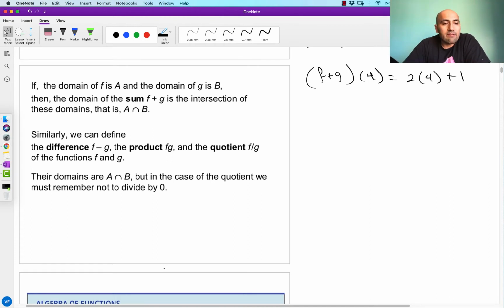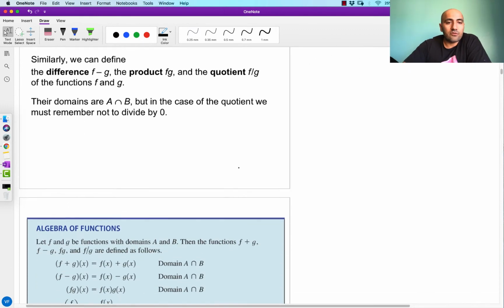Similarly, same thing for the difference, for the product, for the quotient. It's always going to be the intersection. We just have to be careful that when we're doing the division, remember, we always have to make sure that we don't accidentally divide by 0. So we have to make sure that we exclude any value in the domain of g such that its output is 0, right? So we just have to carefully vet out those values.